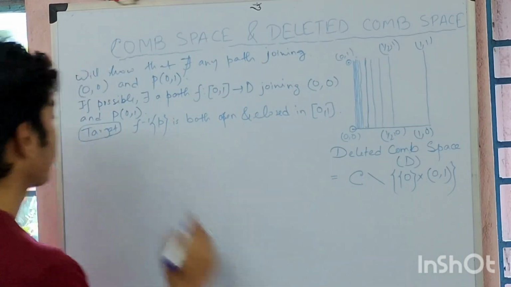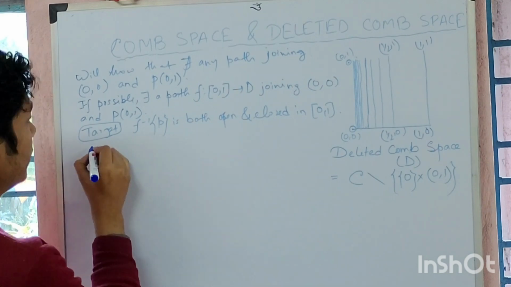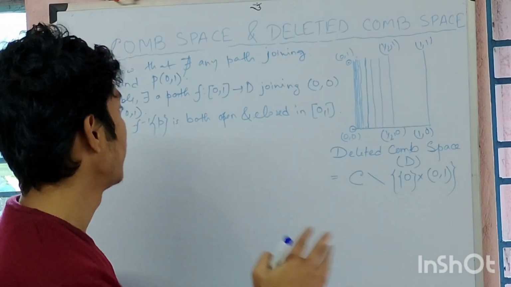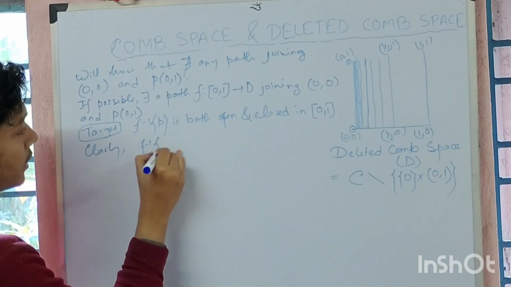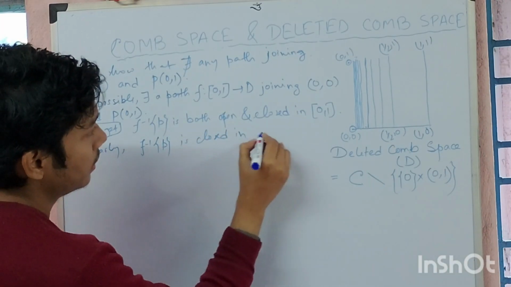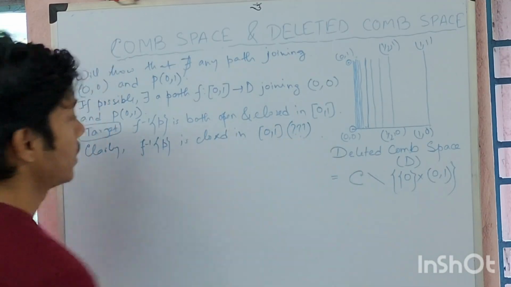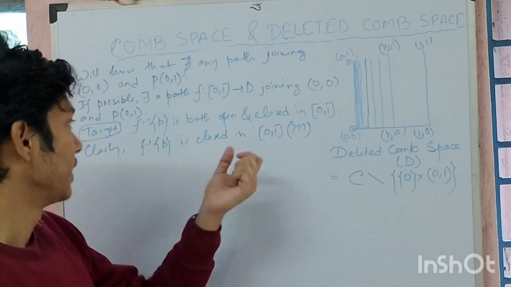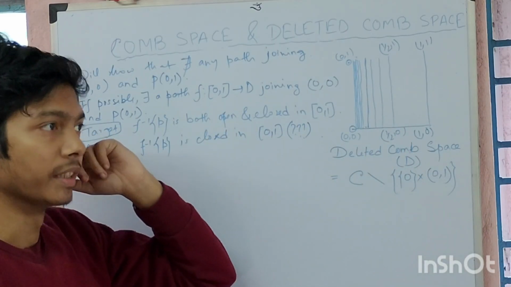Now, first of all, clearly F inverse P is closed in 0 1. What is the reason? The reason is this P is a closed set in the deleted comb space.